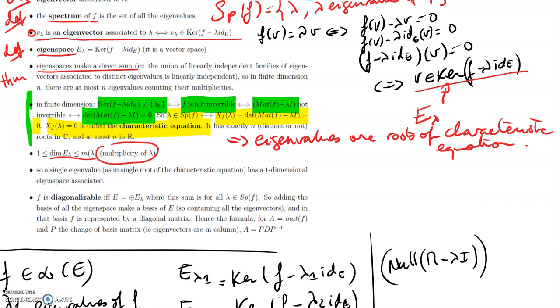Why? Basically because you do your change of basis by multiplying by some passage matrix and also multiplying by the inverse of the passage matrix, and the determinant of a product of matrices is the product of the determinants. The determinant of the inverse matrix is the inverse of the determinant of the matrix.